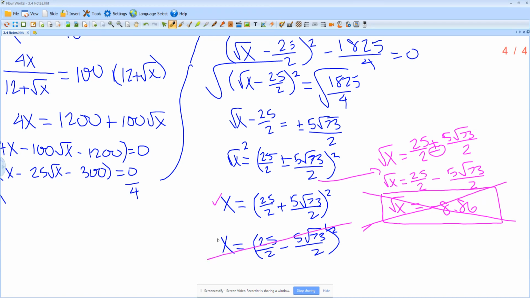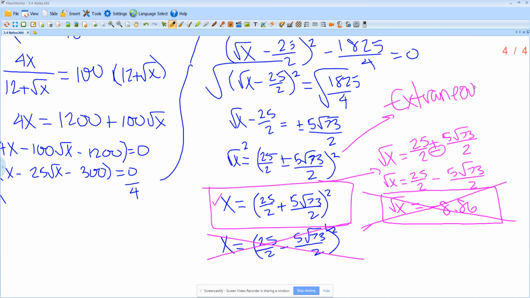The reason is that when you're squaring two sides of the equation, so right here, we squared both sides of the equation, you create the opportunity for extraneous solutions. Because you've essentially said, okay, when I square root, I have to get something positive.